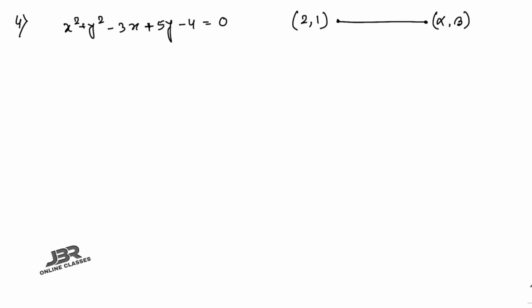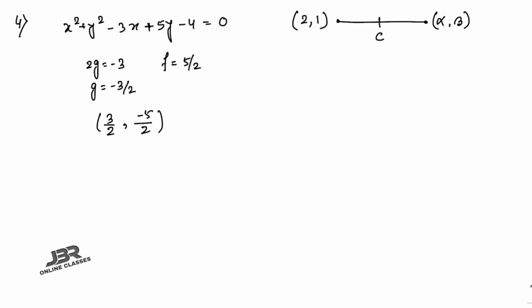So first you have to find the center of that circle. Okay, so 2g equals minus 3, then g equals minus 3 by 2, f equals 5 by 2, so center equals (3 by 2, minus 5 by 2). That is the center. And you know that the center is the midpoint of the diameter.